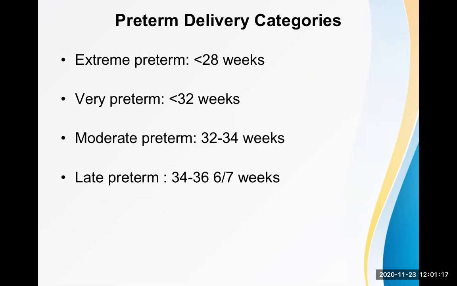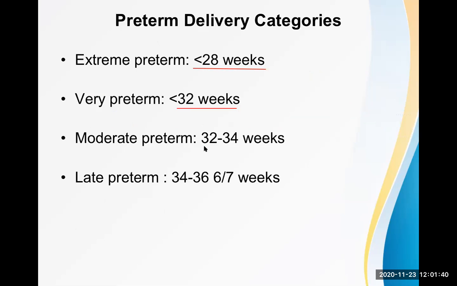Now let's go to the types of preterm delivery, the categories of preterm delivery. Extreme preterm delivery is before 28 weeks or less than 28 weeks. Very preterm, less than 32 weeks or prior to 32 weeks you can say.